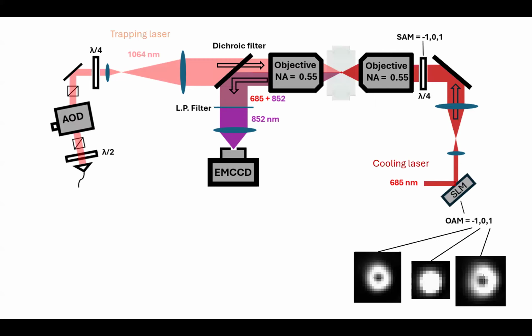The actual size at the atom is like 6 microns for this beam, that's the Gaussian size. And the tweezer waist is 1 micron. Now we can generate this, and we can change the inner radius to change the size of the dark center. We can change the size depending on what we keep.